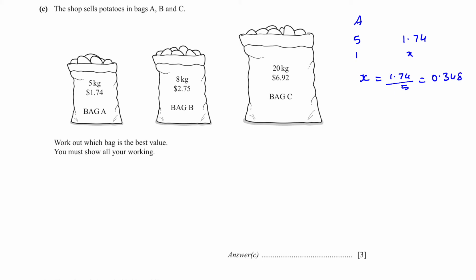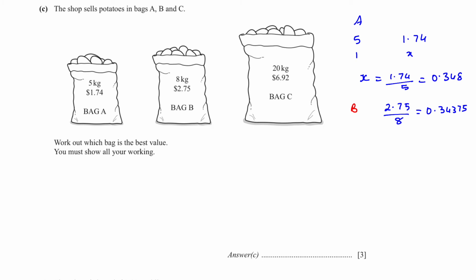For bag B, we have the cost as 2.75 that we are going to divide by 8 to get the cost of 1 kilogram. It is 0.34375.